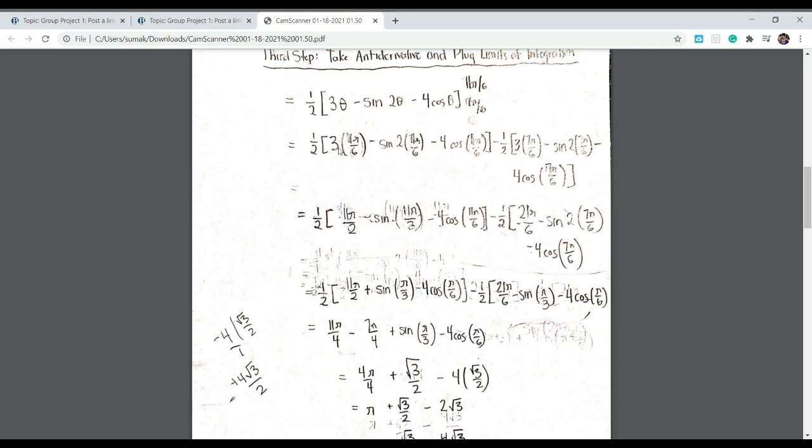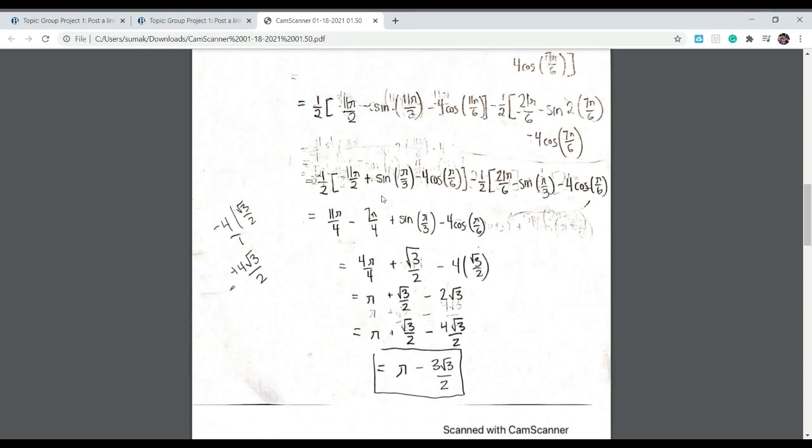Then we're going to simplify this a little more. 3 over 6 is just 1/2, so we got 11 pi over 2, and 11 pi over 3, because 2 over 6 is 1/3. And then we got 11 pi over 6 here, and 3 over 6 is just 1/2. So we got 21 pi over 6, pardon, that's my bad, minus sine 2 times 7 pi over 6, minus 4 cosine 7 pi over 6.